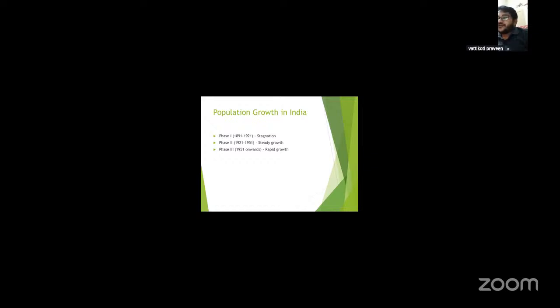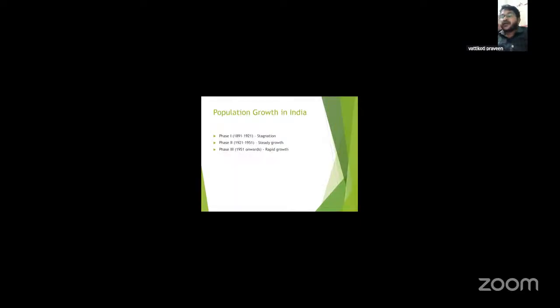The birth rate registered an annual growth of 1.96 percent between 1951 and 1961, compared to 1.2% during 1941 to 1951. During 1961 to 71, the birth rate was quite high with a further decline of the death rates.